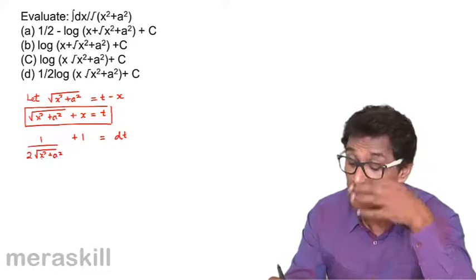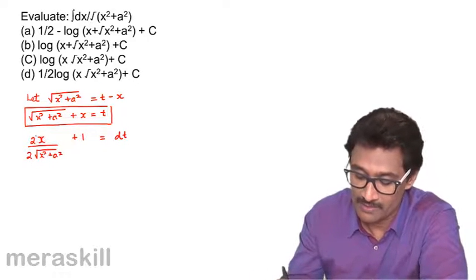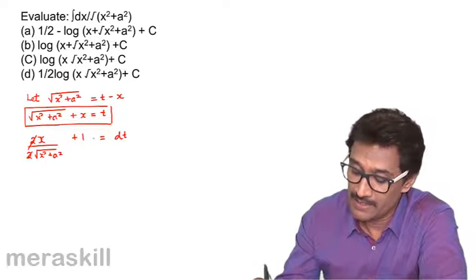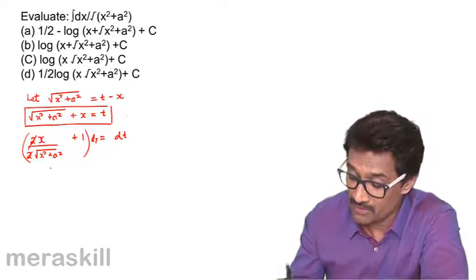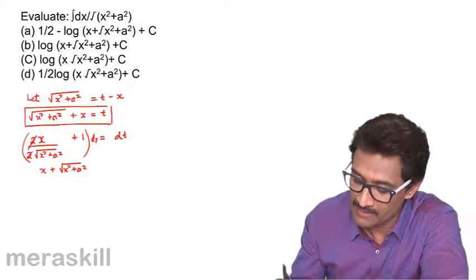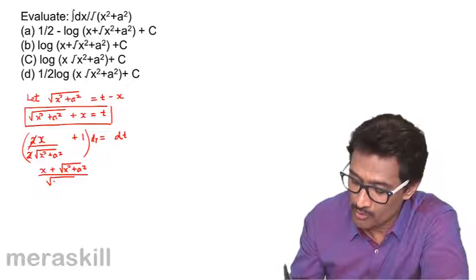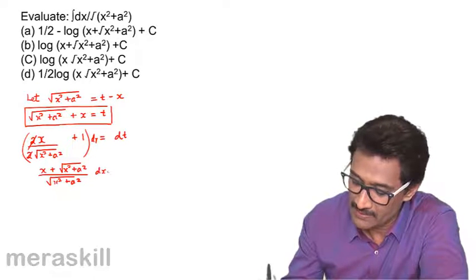Then the composite function derivative of x square is 2x. This gets cancelled into dx. So eventually this will become (x plus root of x square plus a square) upon root of x square plus a square dx is equal to dt.